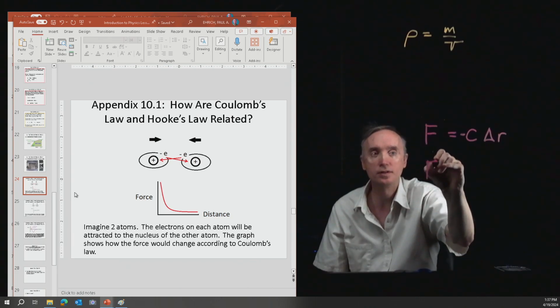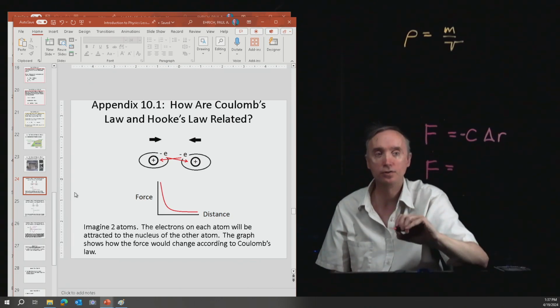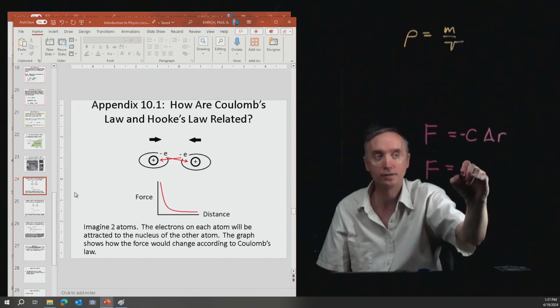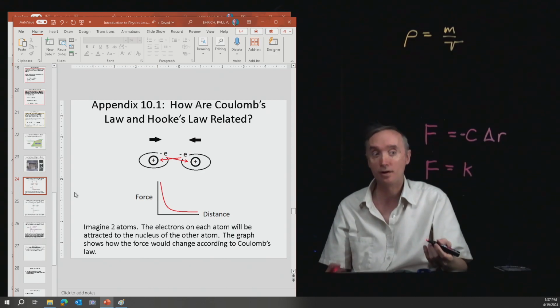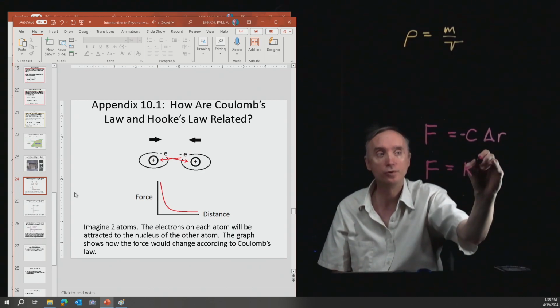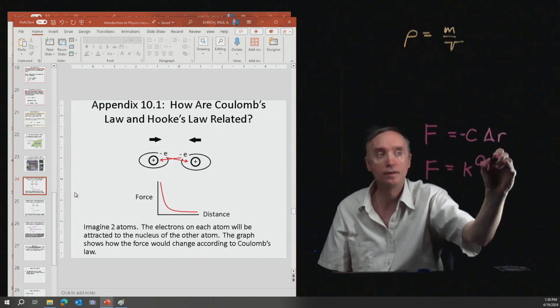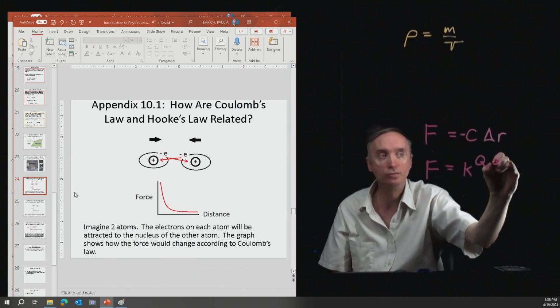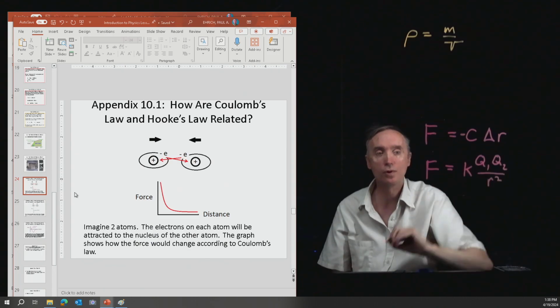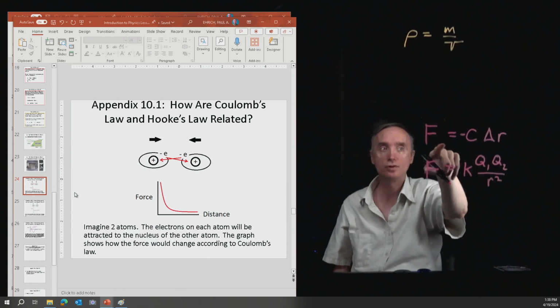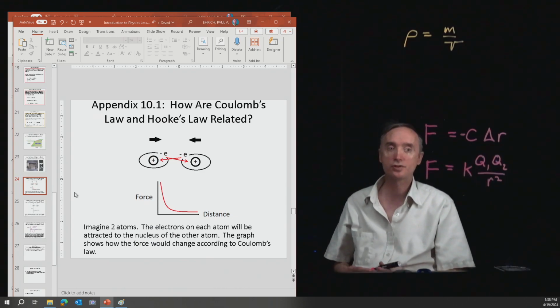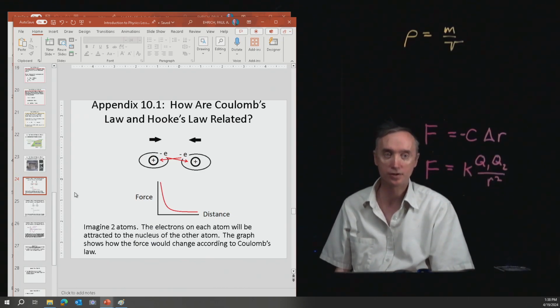We learned this in electricity, that Coulomb's law depended on a constant, called the electrical constant, that depended on the material, and then it would depend on charge number 1, and then charge number 2, and then the distance between them squared. So this was Coulomb's law for electricity, and this is Hooke's law for a spring. And I wanted to show you that those two things are related to each other.